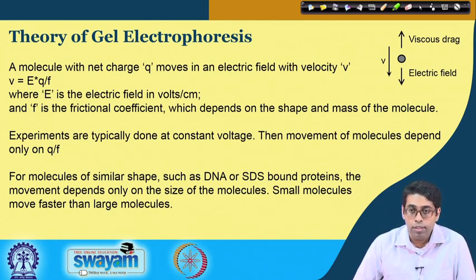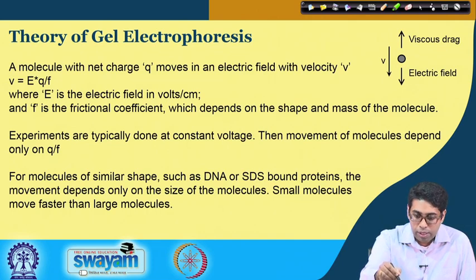But proteins, depending on the pI of a particular protein, can be negatively charged or positively charged based on the pH of the buffer that is used for electrophoresis. So, in case of DNA or RNA, the molecules are negatively charged, but in case of proteins, the molecule is made negatively charged by adding some chemicals such as SDS, sodium dodecyl sulfate.